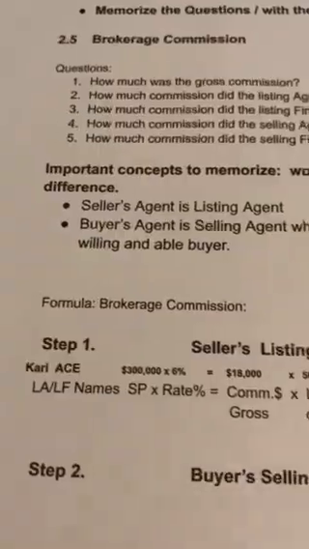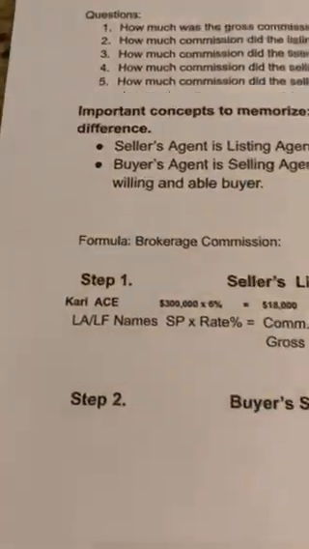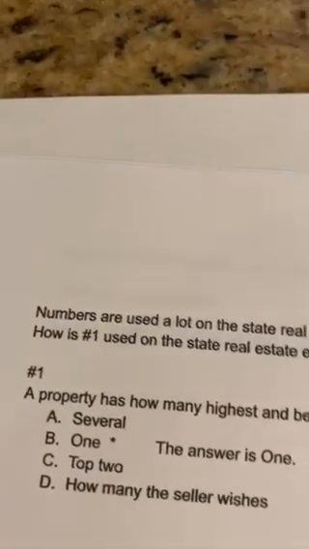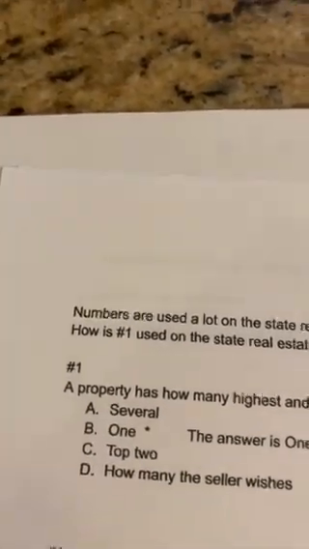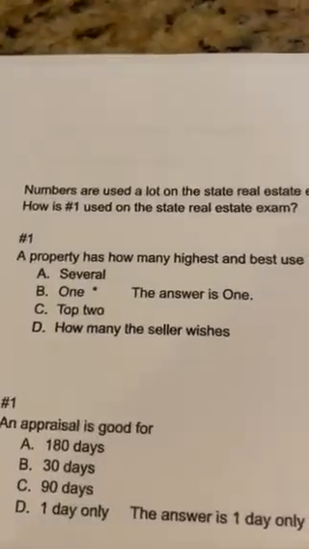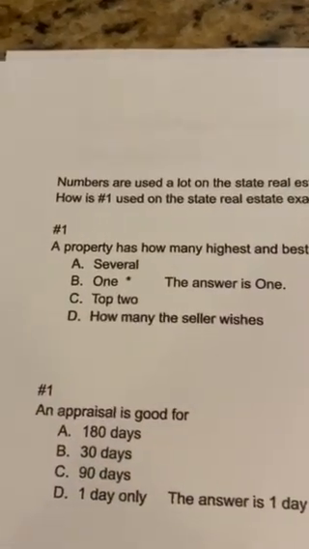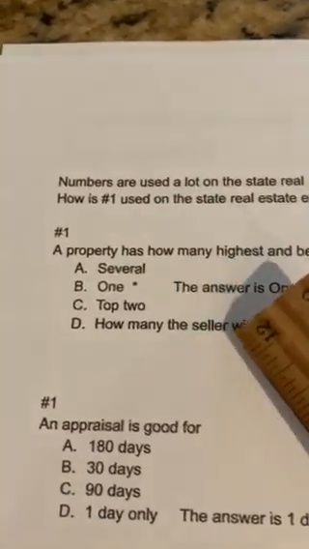Now let's do a little bit of ones. There are numbers always in the math of real estate, and I'm going to give you some of the one numbers that will help you remember answers for your state test.